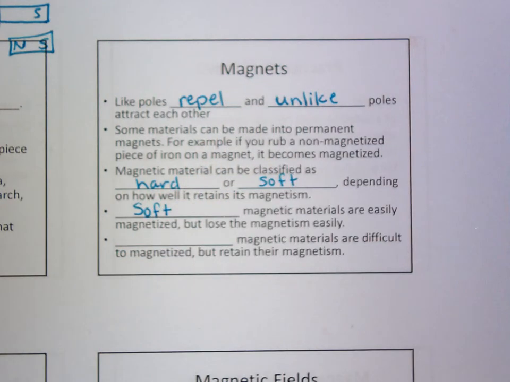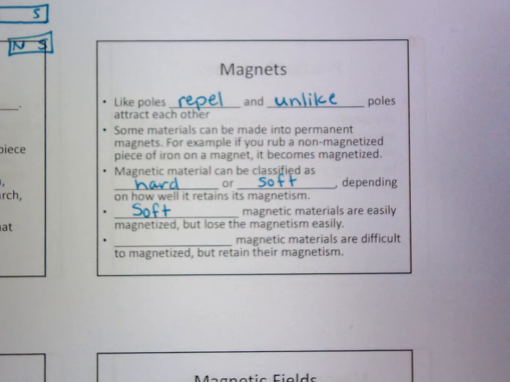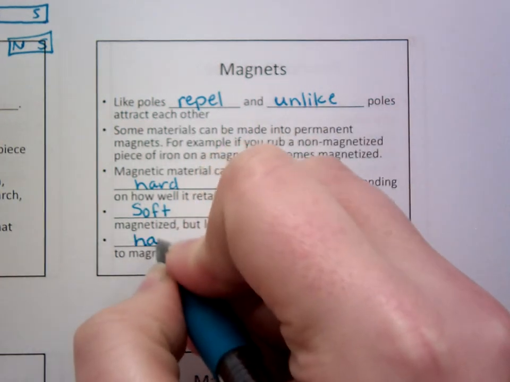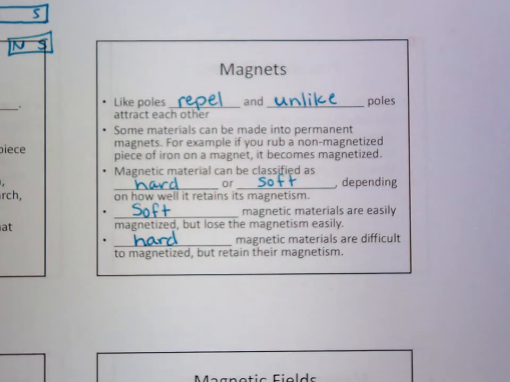But on the other hand, it's going to lose the magnetism very easily. So, for example, iron, or my paperclip, which is steel, just now that was a soft magnetic material. Now, if something is a hard magnetic material, it's very difficult to magnetize, but once it is, it stays that way. So something like cobalt would be a hard magnetic material.